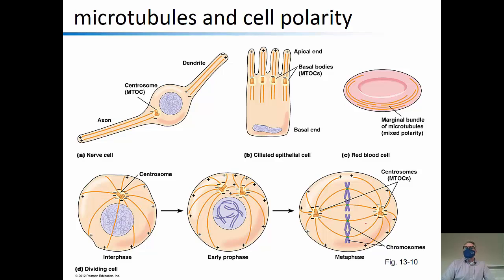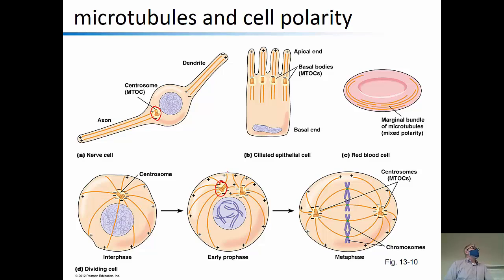When we are looking at these in cells, often the microtubules are nucleated from an MTOC, or microtubule organizing center. The two types of these that we talked about were centrosomes, and here's a centrosome, and here's a centrosome.